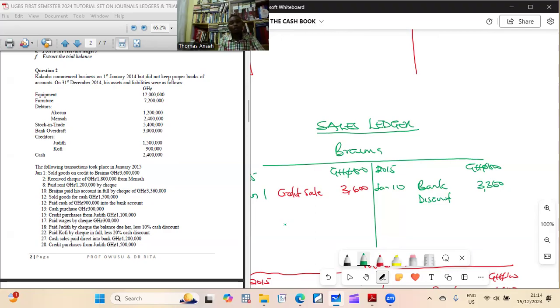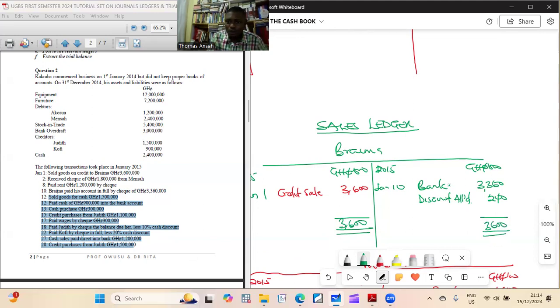That means that we gave Brahma a discount of what? 240. So this, what kind of discount is this? Discount what? Allowed. So you see that Brahma will not appear anymore because Brahma's account is closed. So it means for Brahma, he doesn't owe us. We don't owe Brahma anything. So the balance is closed.